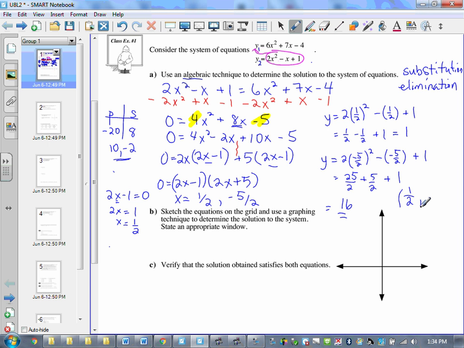Okay, Janessa. When x is 1/2, what is y? 1. Nice. How did you know that? That was all this work that we did here. Are you gonna do the other one also? Yeah, what's our other ordered pair? Because we have two solutions. Negative 5 halves and 16. So this would be the answer that I would draw a box around, circle, a heart, puffy cloud, whatever you want to do to make sure that you've communicated this is your final answer.